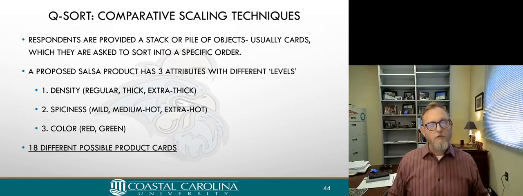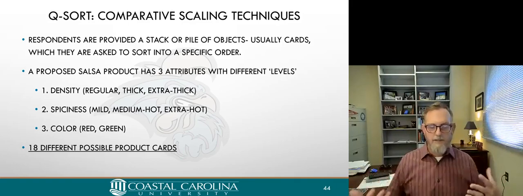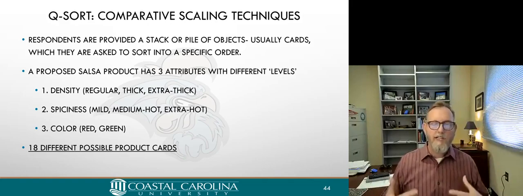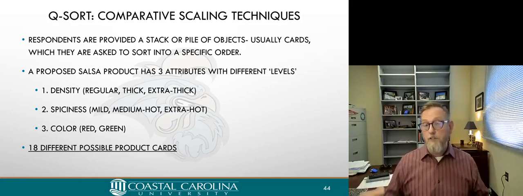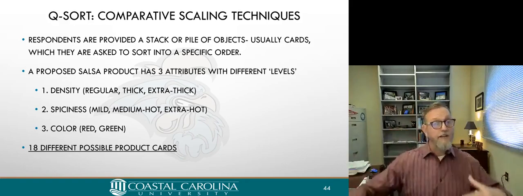So the respondent's job then is to look at a description of 18 different products and then put in order their preference. And then from this, we do this with a lot of respondents, and then what we can actually do is we can understand exactly how important each of the 3 attributes are, and how much preferred each level is in each attribute.